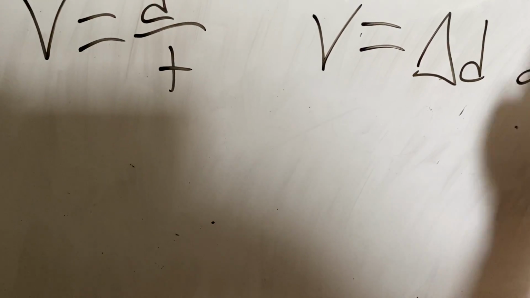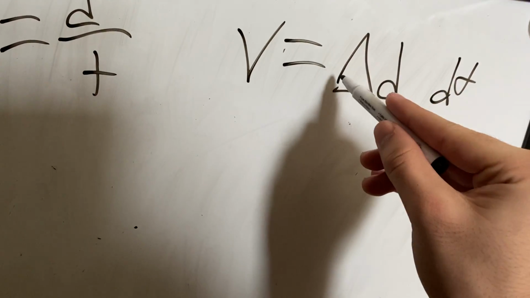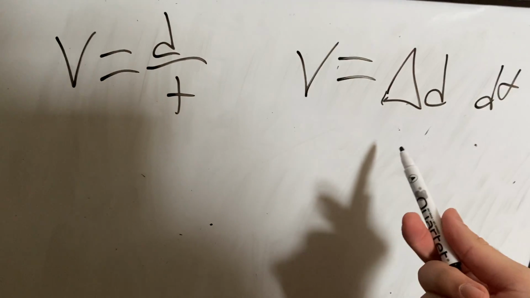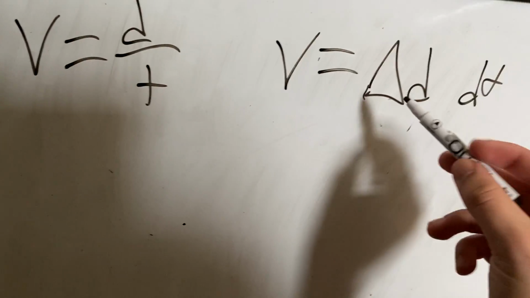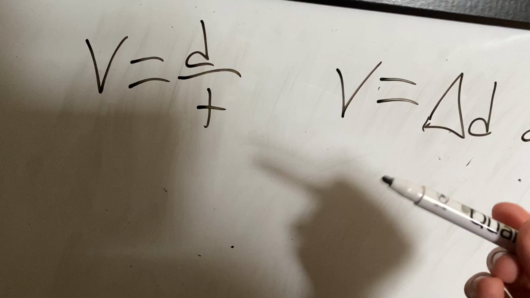Now, we could write dt, I guess, because what we're saying here is the velocity is equal to change, because this thing is called delta. You may or may not have come across this yet, but delta just means the change in. So the change in displacement with respect to time is equal to velocity.